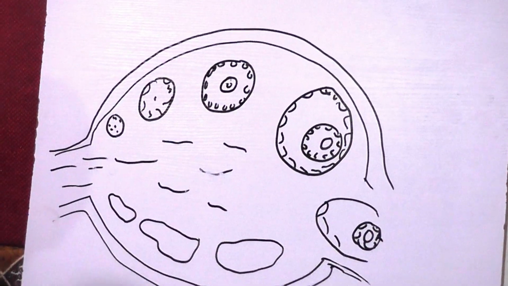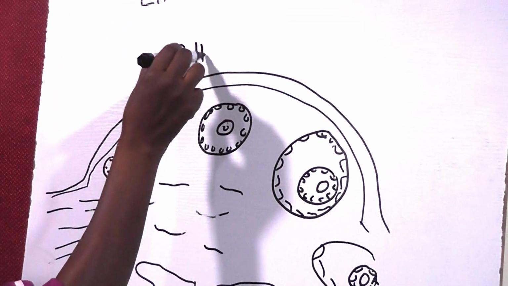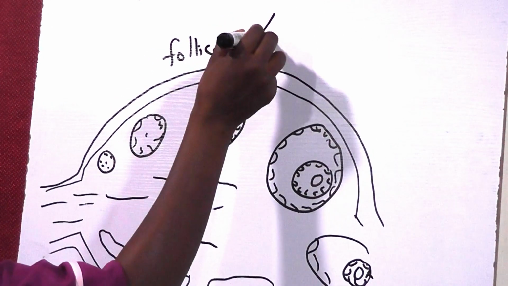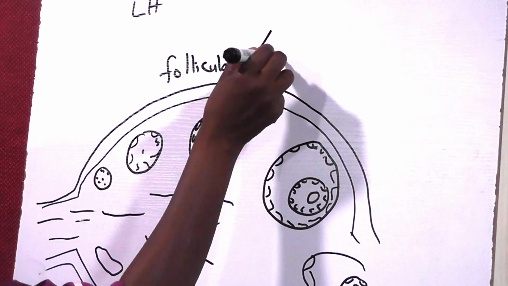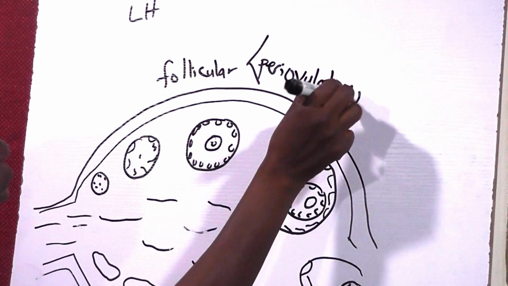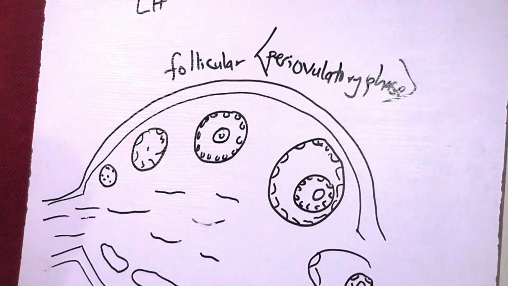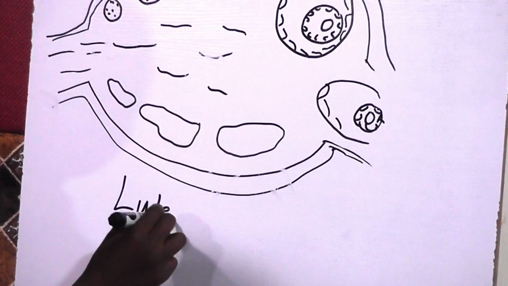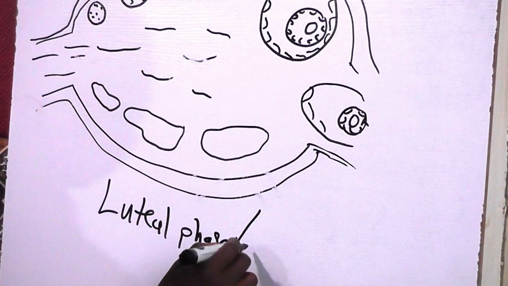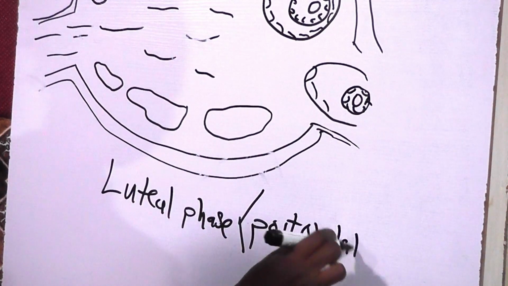The first half of the ovarian cycle is known as the follicular phase, or pre-ovulatory phase. While the second half is known as the luteal phase, or you can call it post-ovulatory phase.